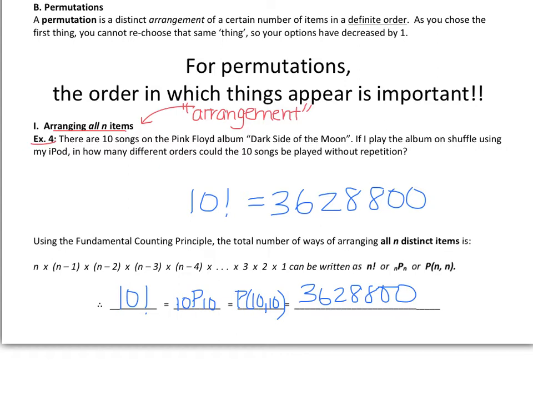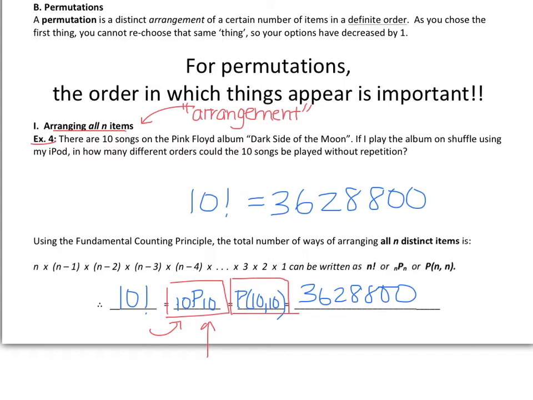Now you may be thinking right now that you're a bit overwhelmed because there's a lot that just happened, but what I want to make clear is that 10P10 is really just another way of writing 10 factorial. It's just notation. It's not any new math. So what it's saying is I have 10 items and I'm arranging all 10 items in a permutation.